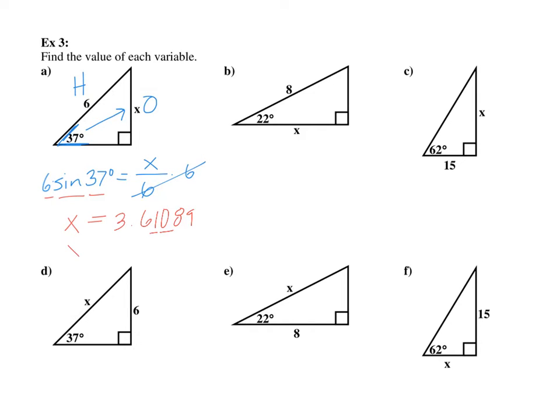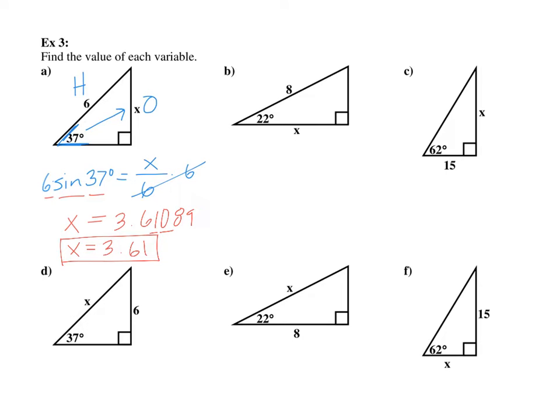All right, so x is equal to 3.61. All right, that's all there is to it. When you're using a TI calculator, be careful. Make sure your calculator is in degree mode, because if you're using a calculator that a calculus student or a pre-calculus student used, their calculator might be in radian mode, and it's going to throw off your answers. So make sure your calculator is in degree mode.